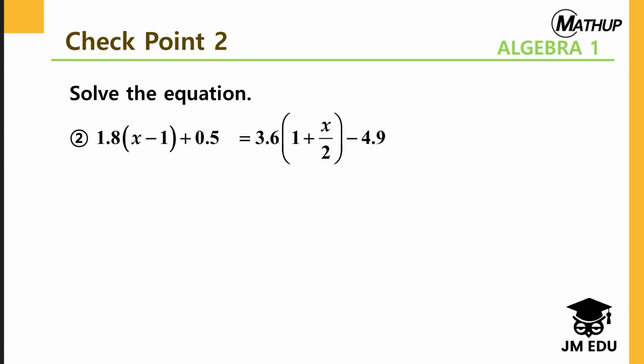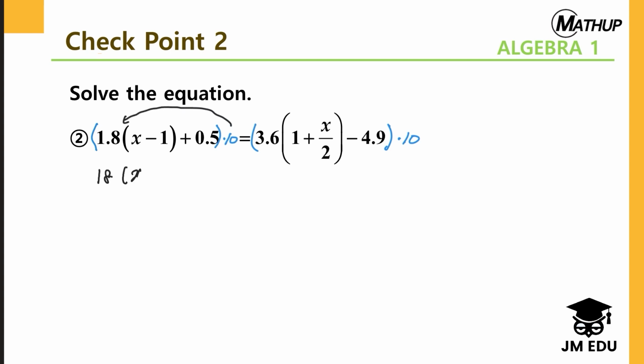Okay, number 2, we have decimals in this equation. So what we have to do is multiply by a power of 10, right? So we're going to multiply all of this expression by 10 and all of this expression by 10. Okay, so 10 times 1.8, that's going to be 18.